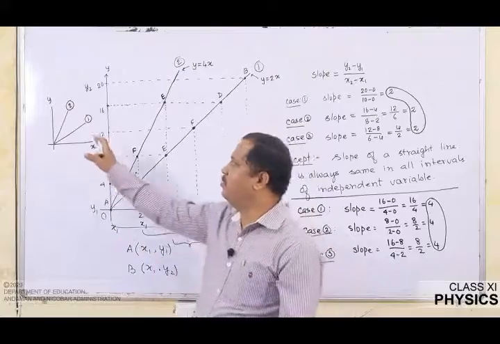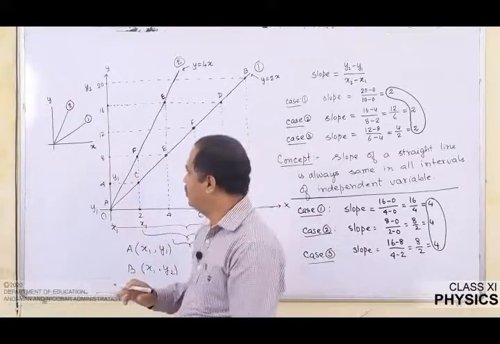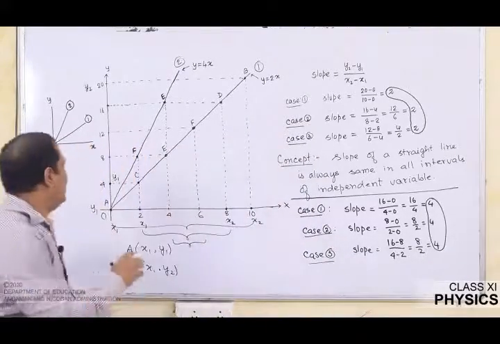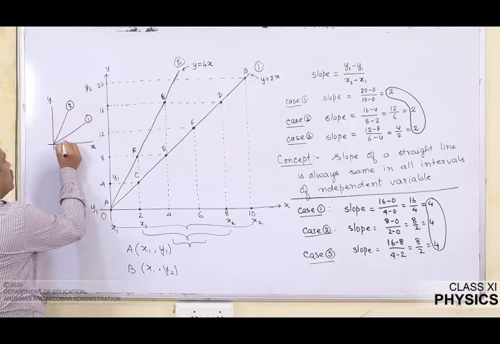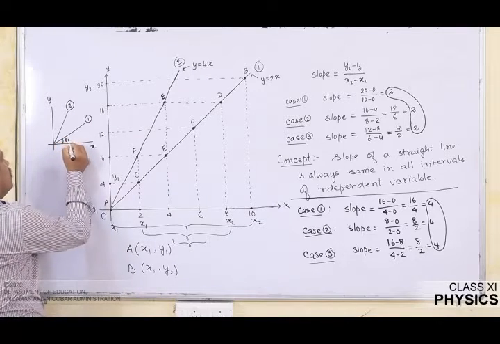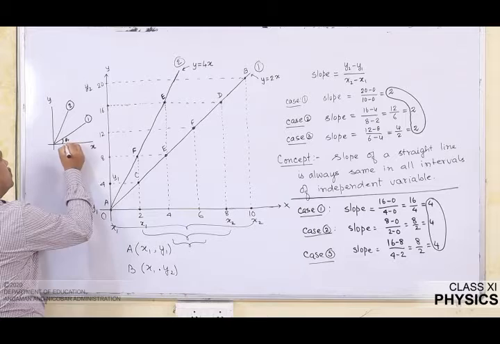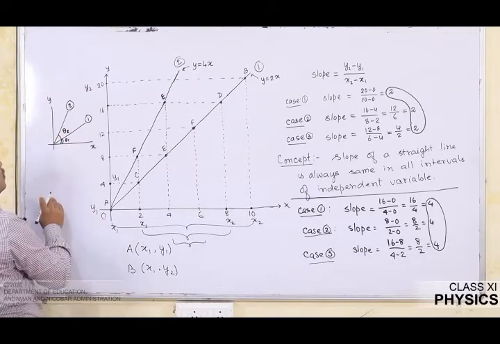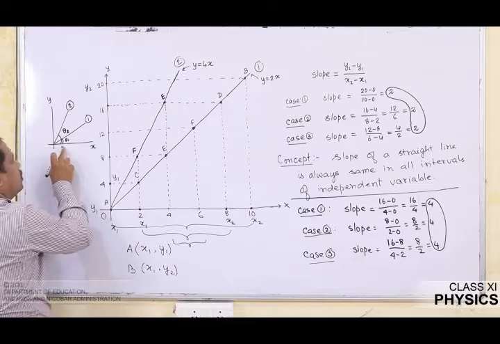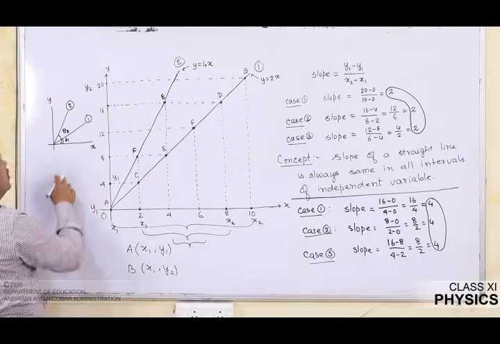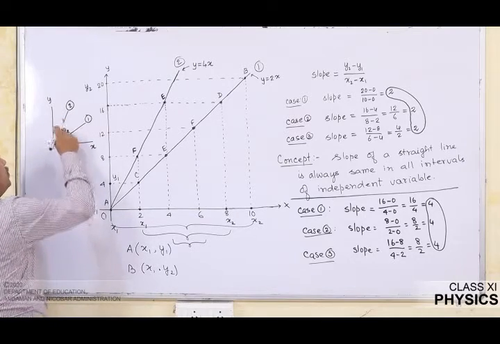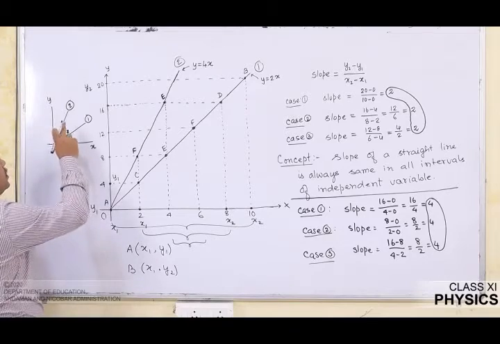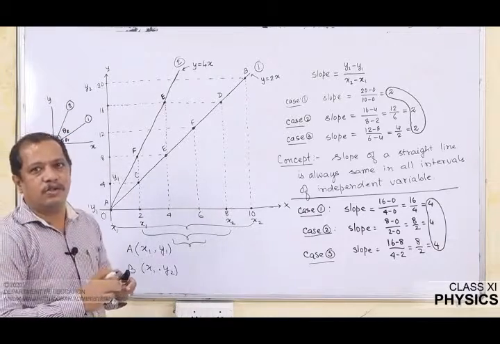We must keep in mind this concept. With respect to the x axis, let me say this is theta 1 and this line makes theta 2. So, with respect to the positive direction of the x axis, the line that has the larger value of theta is said to have larger slope.